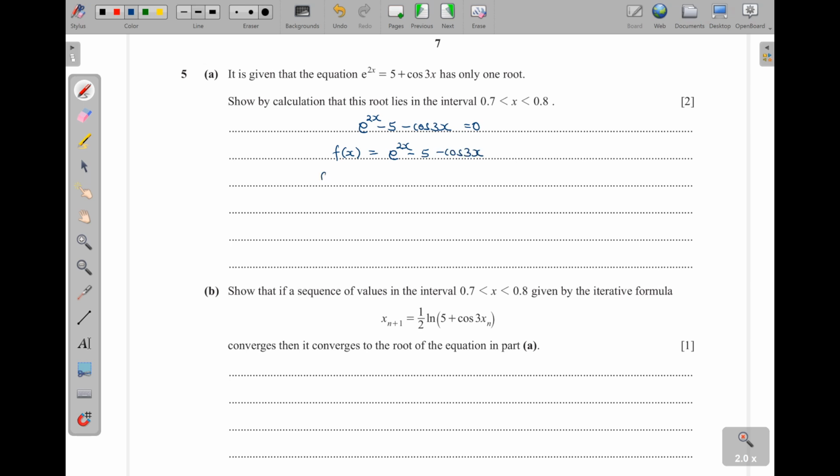Okay, now I can substitute this 0.7. If this is my function and it crosses maybe the x-axis, because that is where it meets the x-axis, that is the root. This is the x-axis. So we can get a value on the left of that root and the value on the right of that root. Okay, let's say this one is 0.7 and this is 0.8.